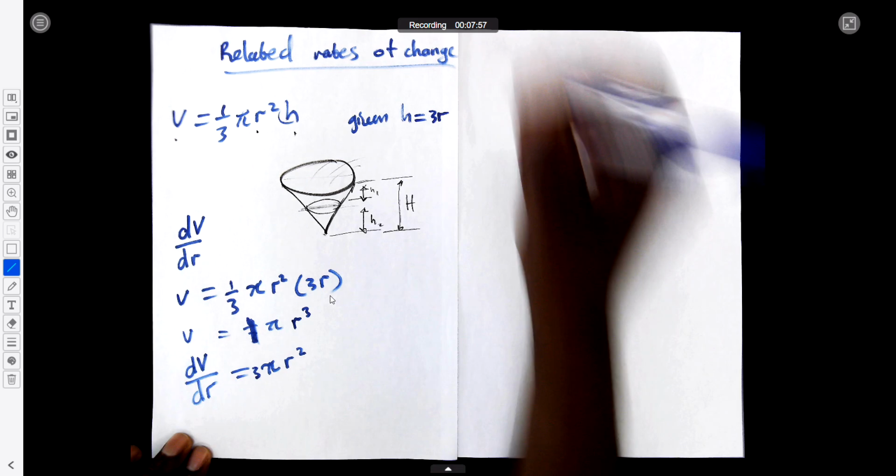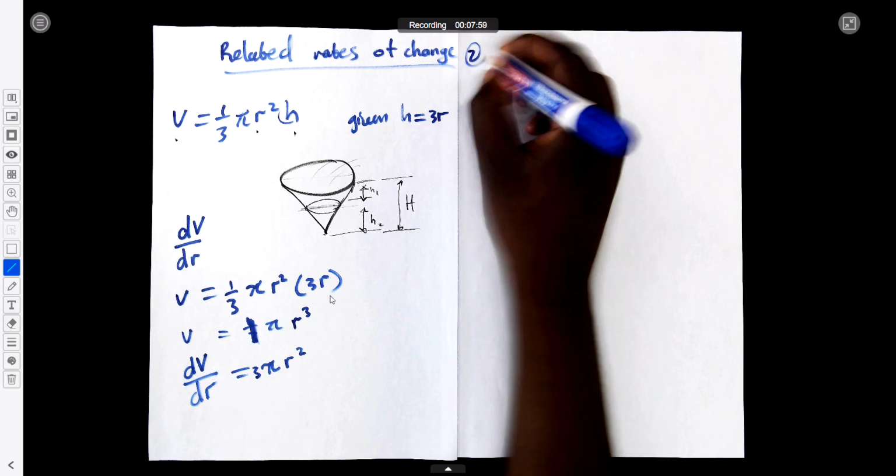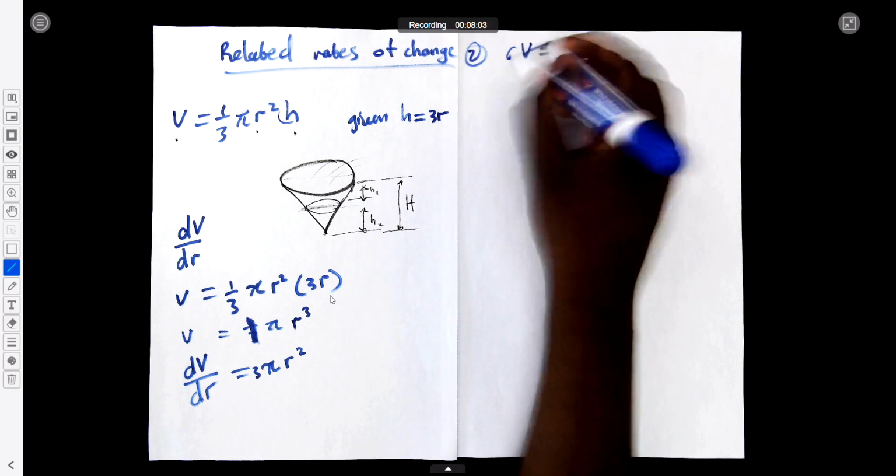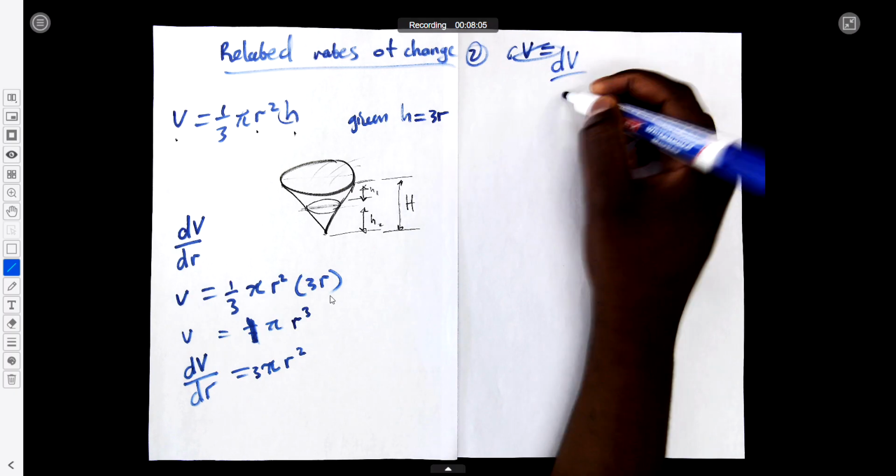So now let's change in terms of H. Let's say V in terms of H. Let's find dV over dH.